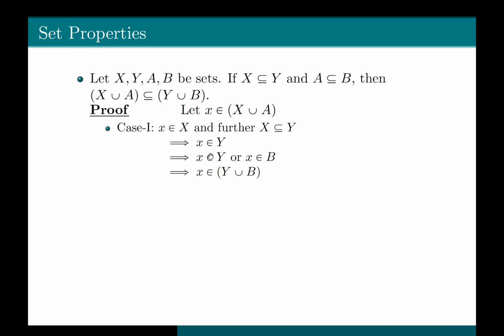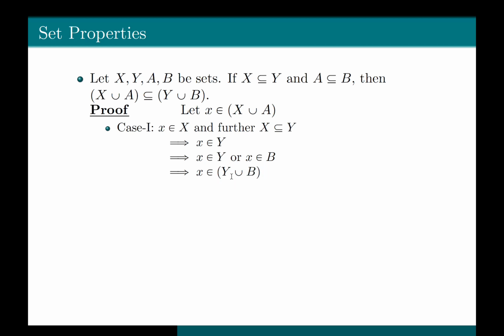You can actually skip writing the line 'x belongs to Y or x belongs to B'. You can just write the final line, which means that x belongs to Y implies that x belongs to Y union B. Now remember, this arrow is just on the right side, which means that the first statement implies the second, the second implies the third, and the third implies the fourth.